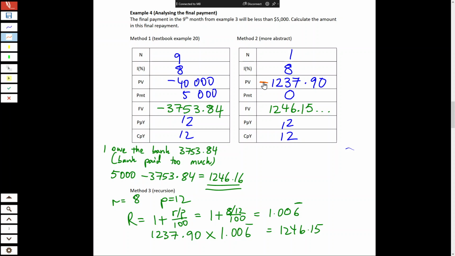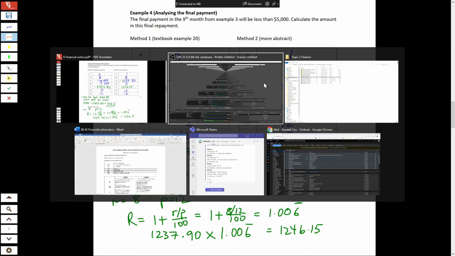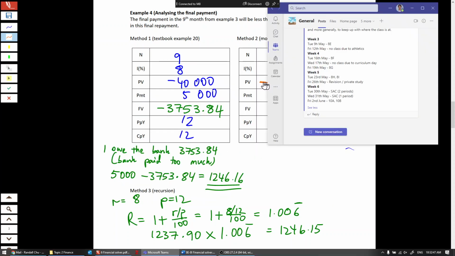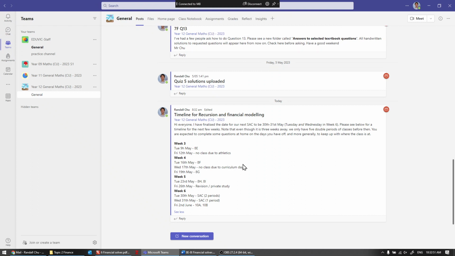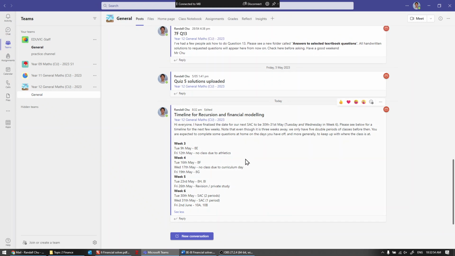Okay, so we've now covered 8E. We don't have class on Friday, so I'll just show you a schedule for the next few weeks. It's right over there. Now, you can't see that, can you? This is on Teams.